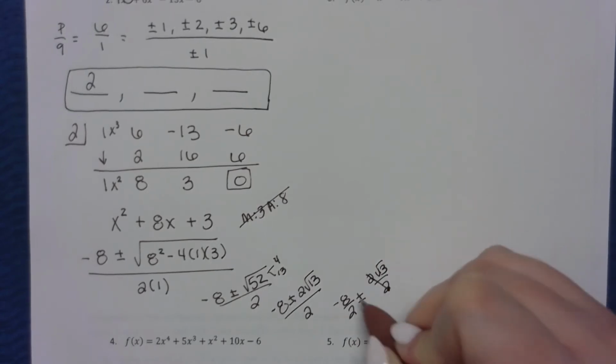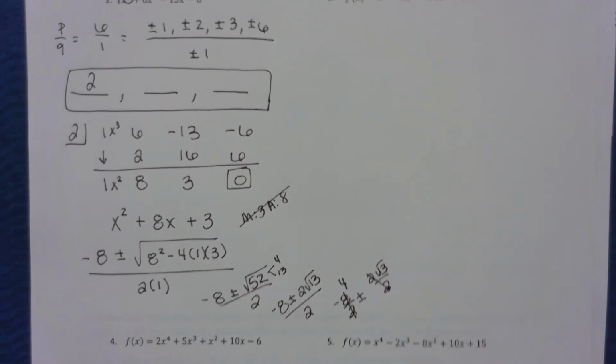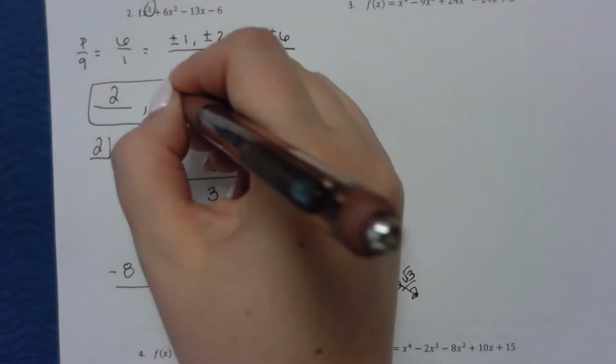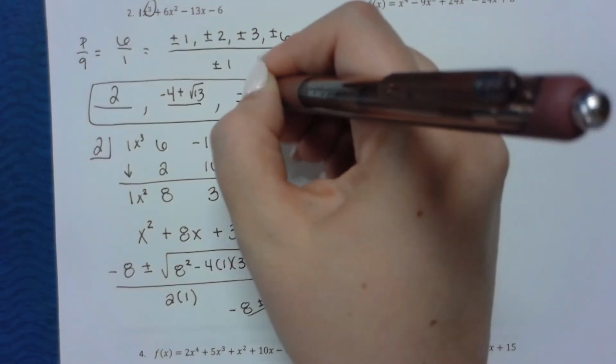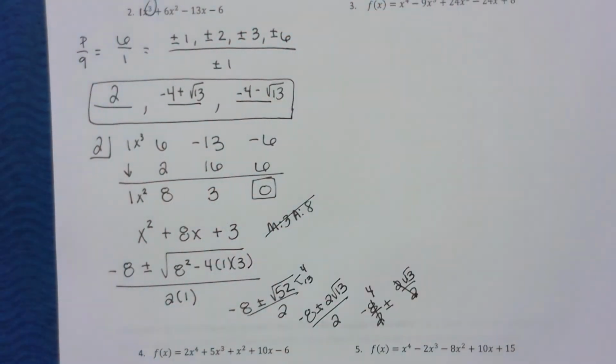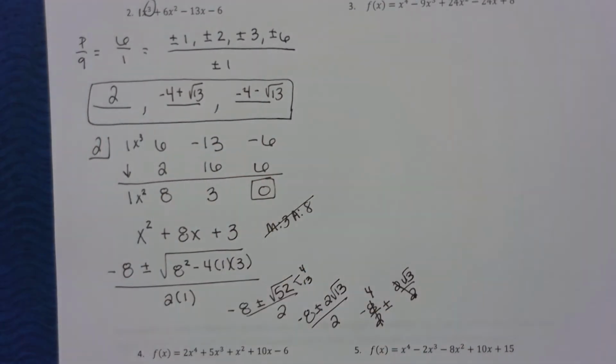So these 2's can cancel. This becomes negative 4. So we have negative 4 plus root 13 and negative 4 minus root 13. Now we have 1, 2, 3 of our answers.